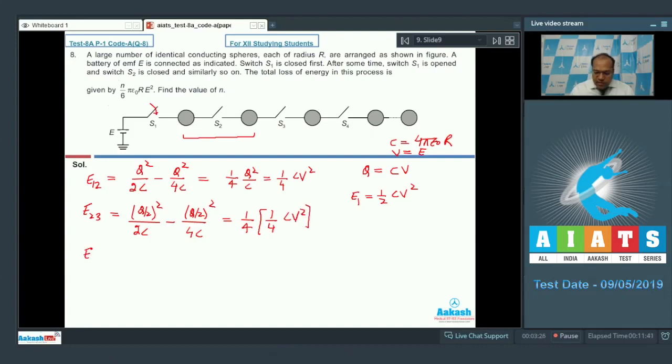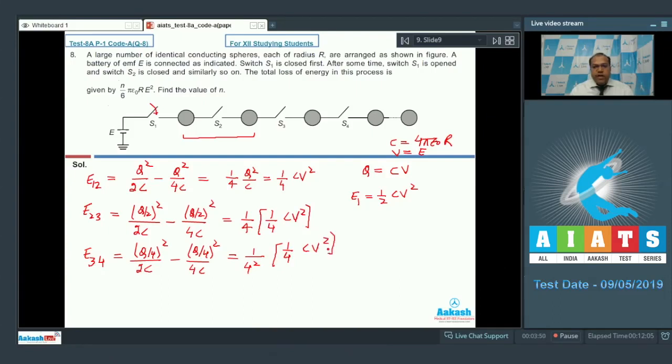Similarly, between 3 and 4, this can be written as (Q by 4) whole square by 2C minus (Q by 4) whole square by 4C. On further solving, this can be written as 1 divided by 4 square into 1 by 4 C V square.